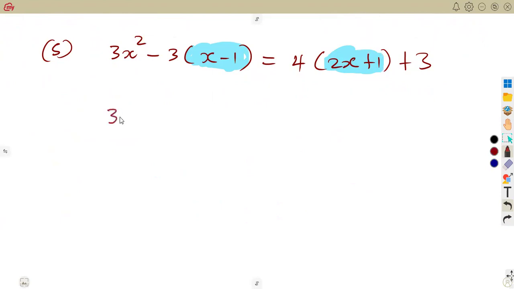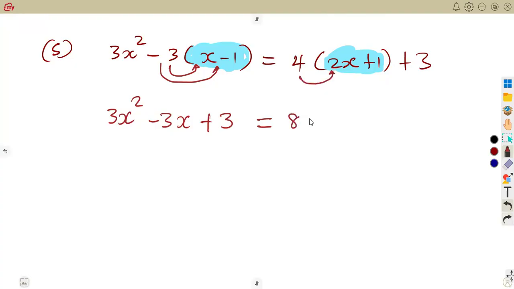So we are going to have 3x squared minus 3 times x, that is minus 3x, minus 3 times minus 1. Minus minus gives us a positive, so that's a positive 3. This is equal to, we distribute in this bracket by 4. 4 times 2 gives us 8x. 4 times 1 is 4, plus a 3. The 3 is not affected.